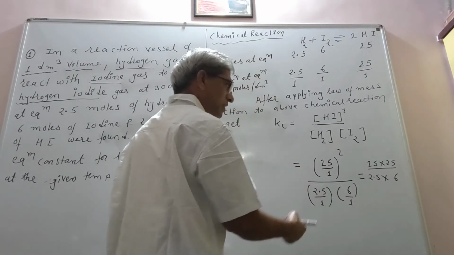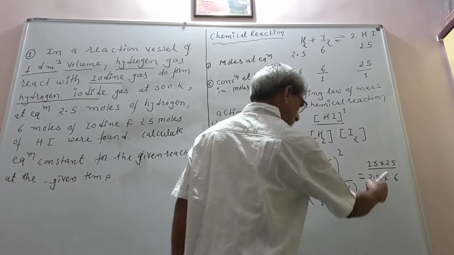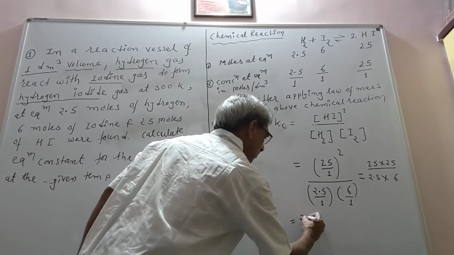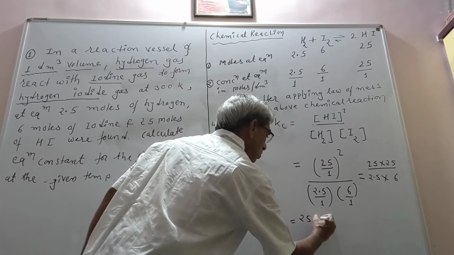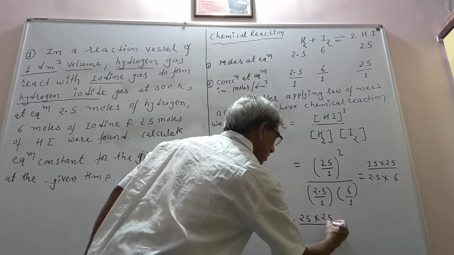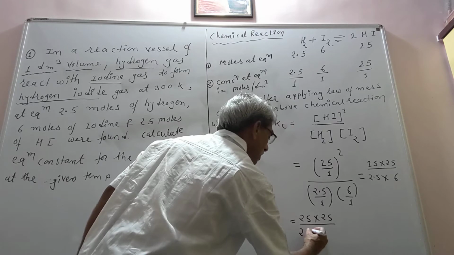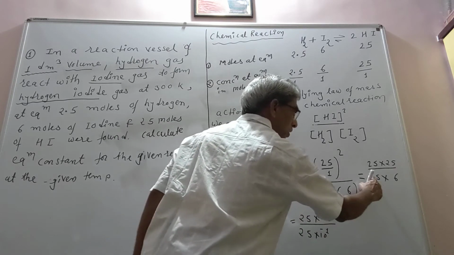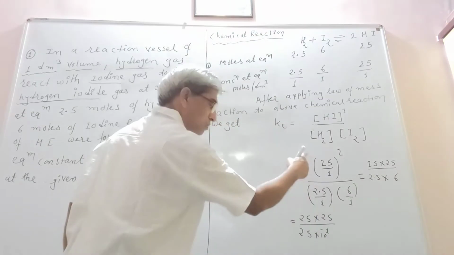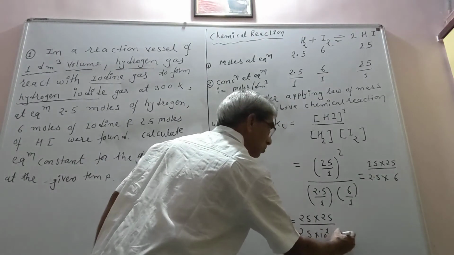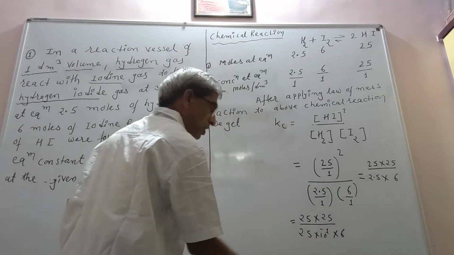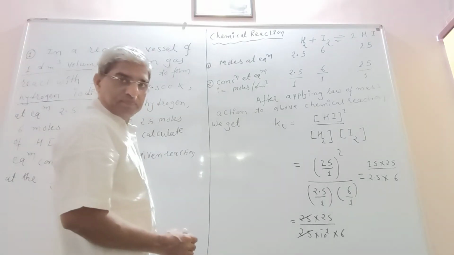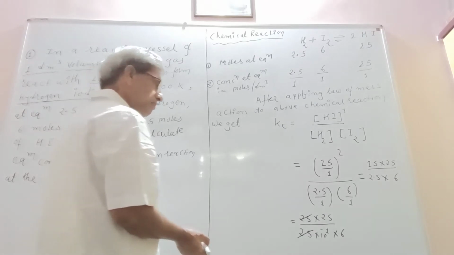Now divide it. If we write again, simplified, 25 into 25 upon 25 into 10 raised to minus 1 into 6. 25 gets cancelled. Simple point, right?